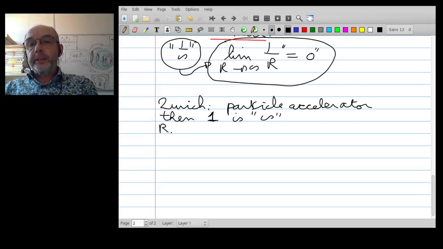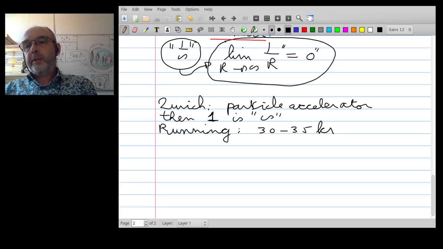If you are running, I don't know if a lot of students are doing that, but myself, I'm doing it. What do I find infinity? At this moment, 30, 35 kilometers is for me infinity.